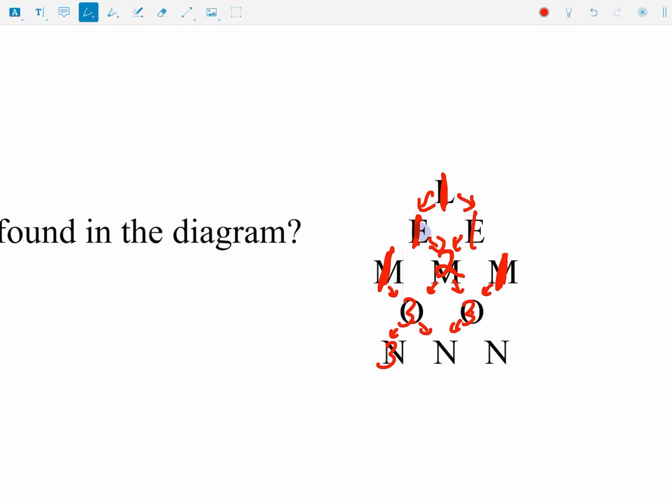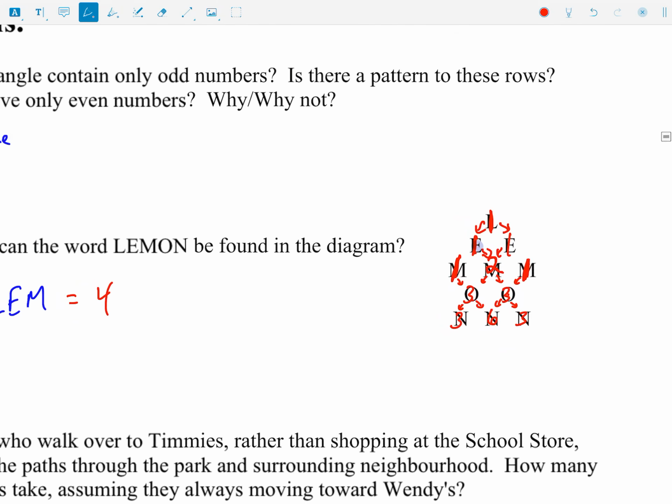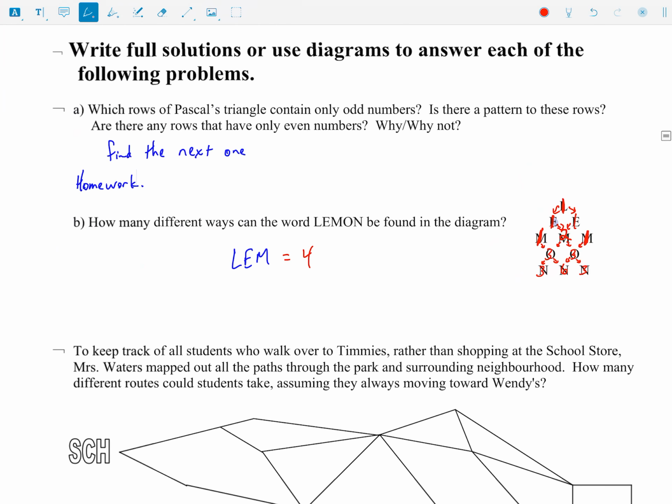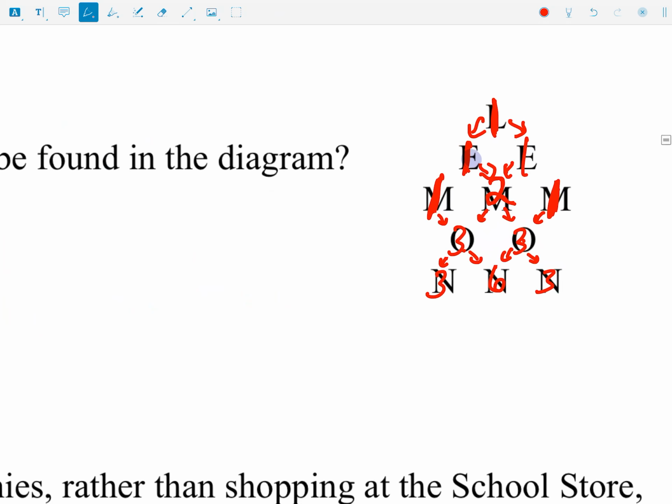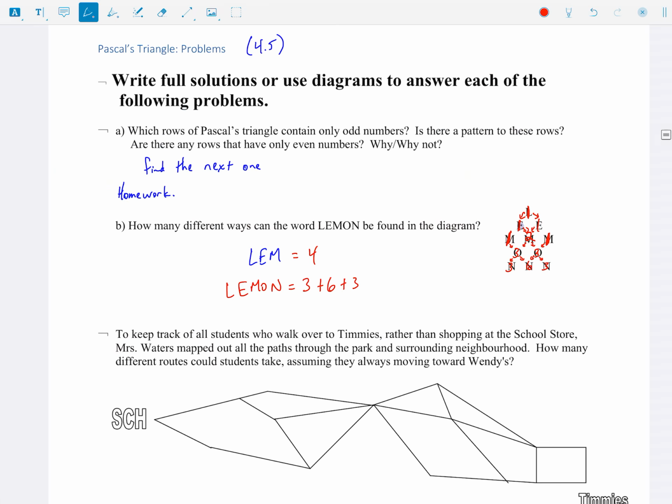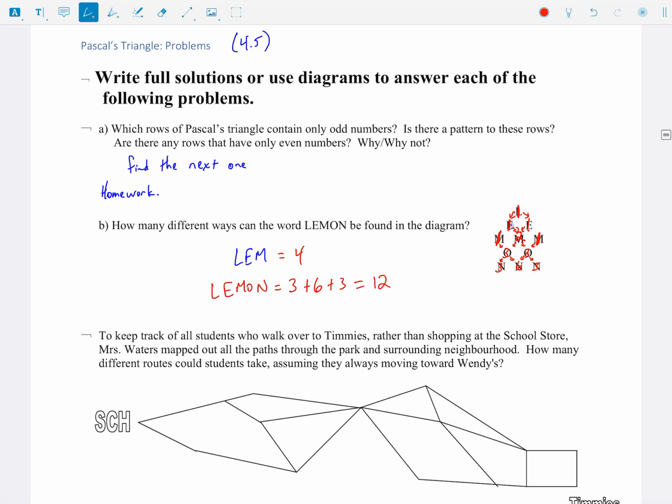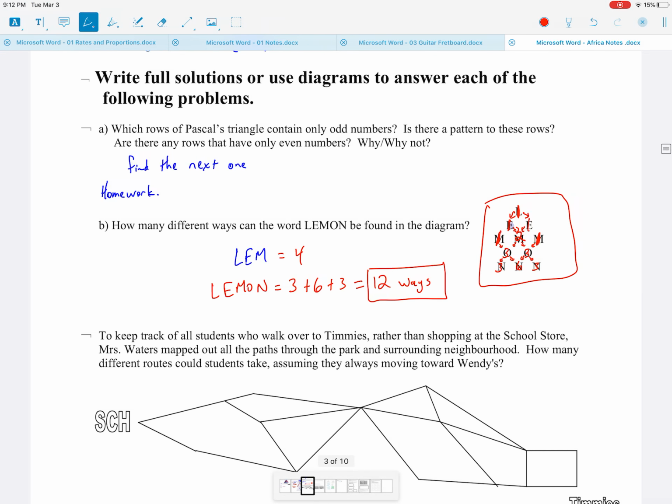This N would have 2 paths going to it, so that's 6. And this one would have 3 paths. Okay, so that gives us lemon can be spelt in 3 plus 6 plus 3 ways when we look at those different methods, and we get 12 ways to spell lemon. And see how we're using the concept of Pascal's triangle there?